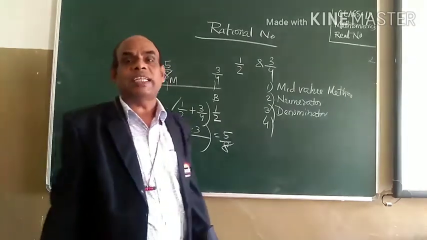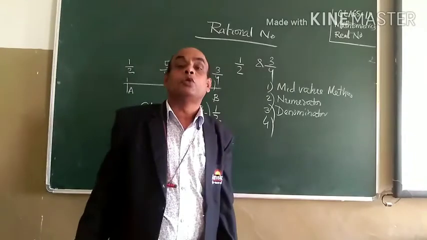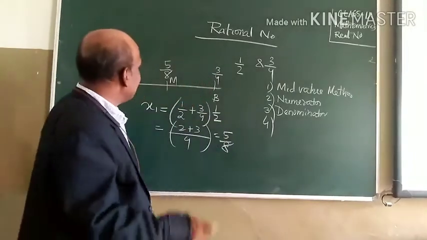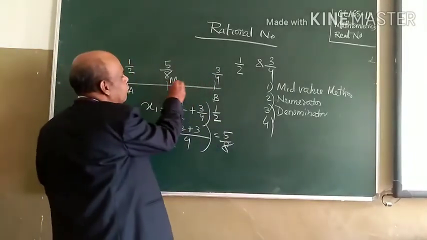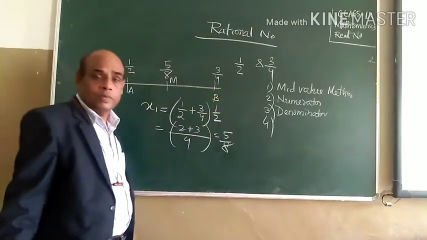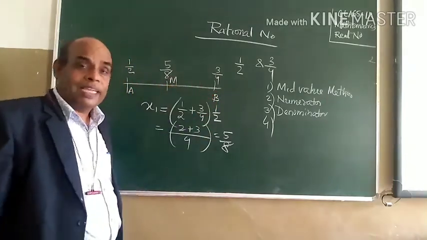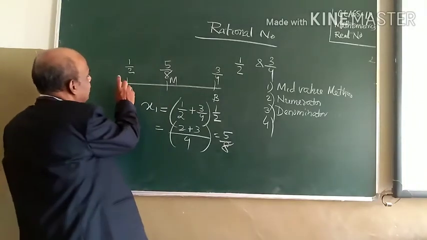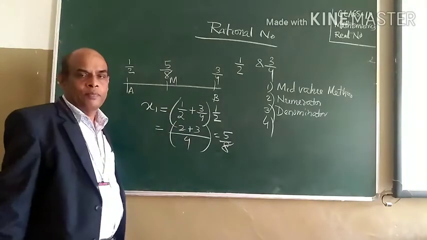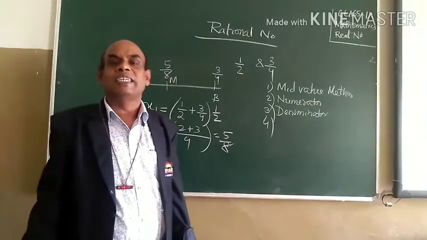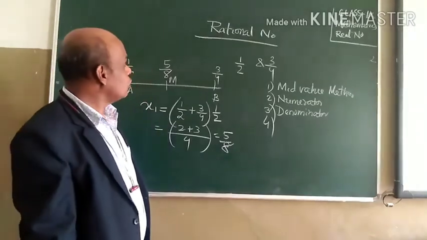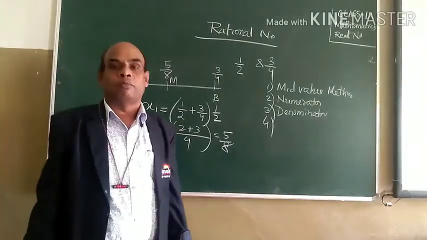Since the question is to find two rational numbers, you may take the mean value of m and b, otherwise you may take the mean value of a and m. You may take any one, because the question is to find two rational numbers.